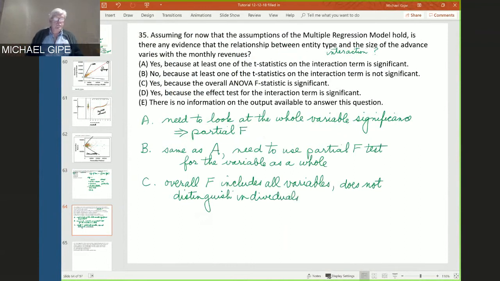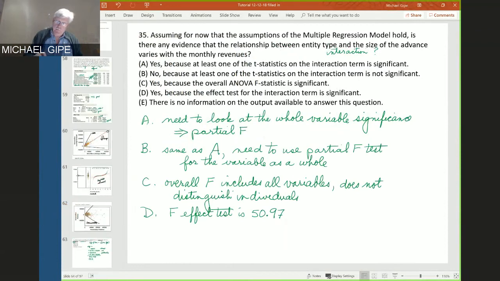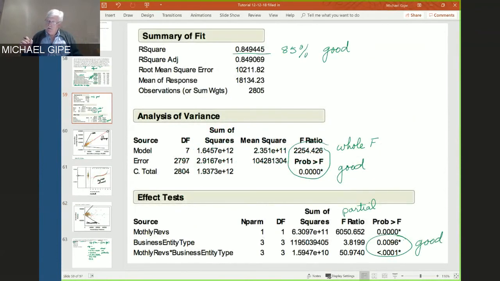So that's not going to be a useful measure to judge by. How about D? Yes, because the effect test for the interaction term is significant. Yes, the F effect is 50.97, and the P is less than 0.0001.